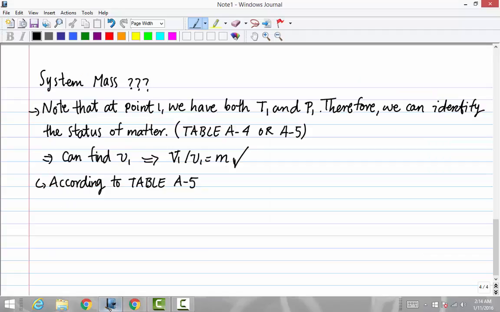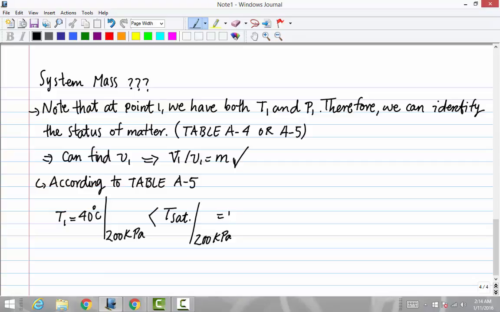So if we compare the magnitude of that temperature, let's say T1, which was 40 degrees C at this pressure, it is much less than the saturated temperature at the same pressure, which was, how much was it in the table? 120.21 degrees C. So at the same pressure, this temperature is less than that temperature, right?